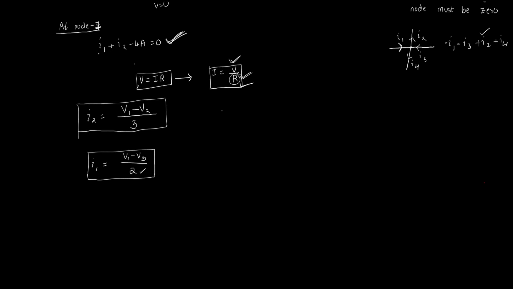So if we rewrite this equation in terms of voltage, we have the value of I1 as V1 minus V3 by 2, and the value of I2 as V1 minus V2 by 3, minus the 4 amps current, which equals 0.